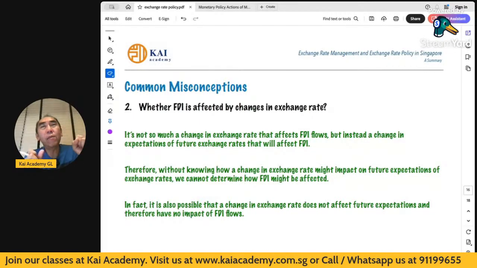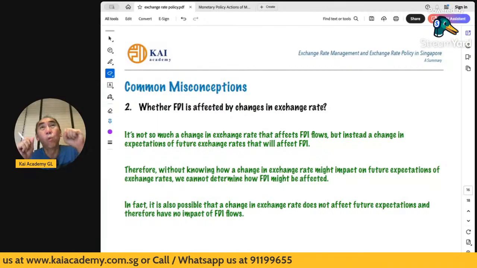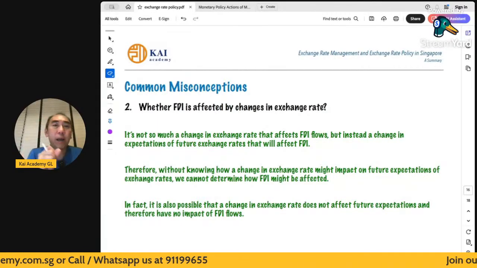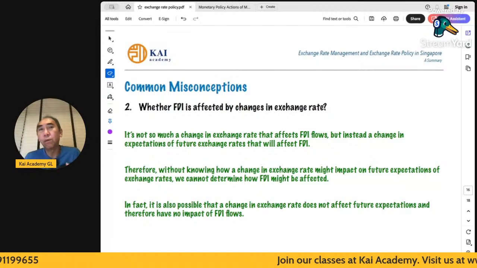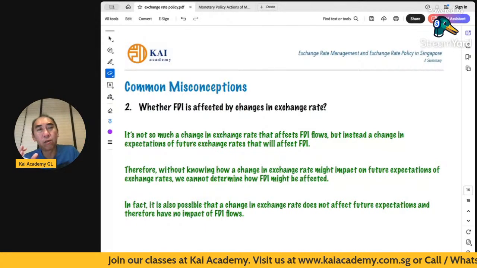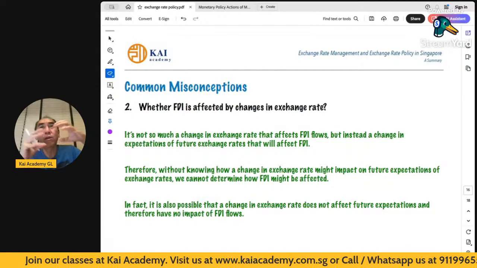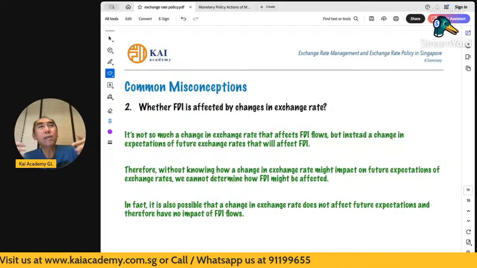So whether FDI flow is affected by exchange rate change depends crucially on whether the exchange rate change altered the expectation of future exchange rate, and how it altered it. Now, if the MAS has always been adopting a gradual appreciation of the Sing dollar, this gradual stance has already formed the impression that the Sing dollar over time will just continue to get stronger. That itself is a pre-existing expectation.